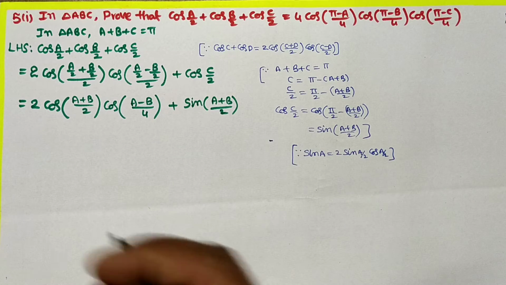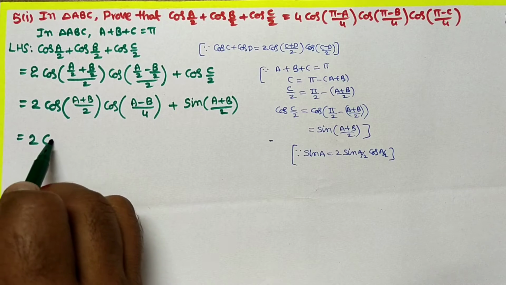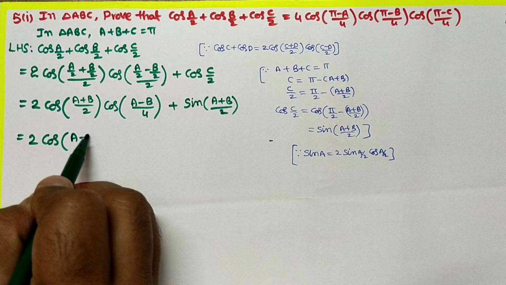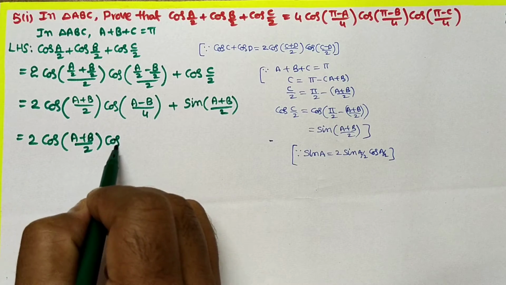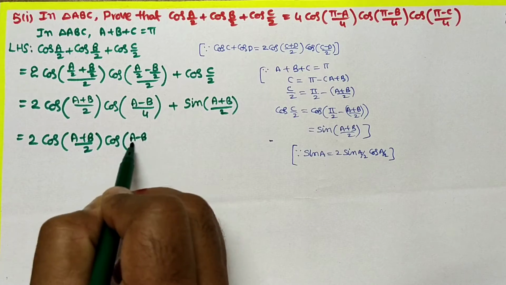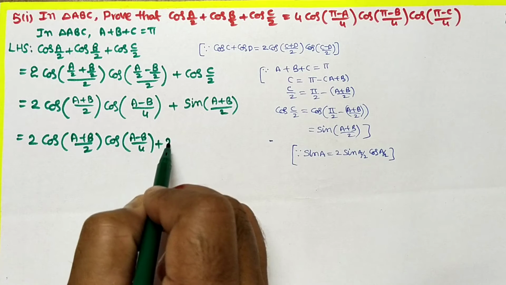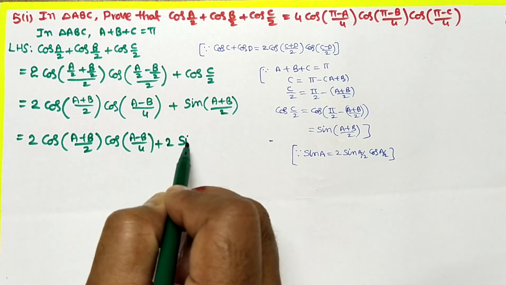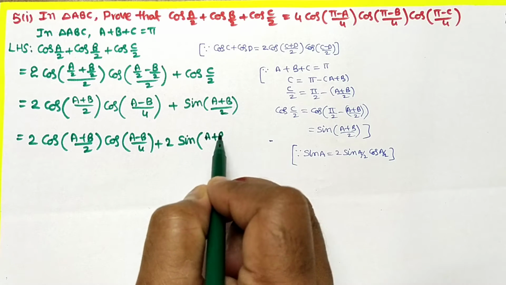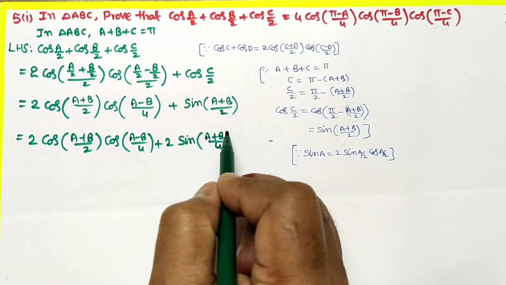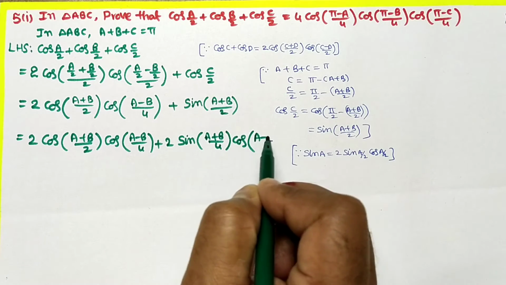So it becomes, in the next step, 2 into cos of (A plus B) by 4 into cos of (A minus B) by 4 plus 2 into sin of (A plus B) by 4 into cos of (A plus B) by 4.